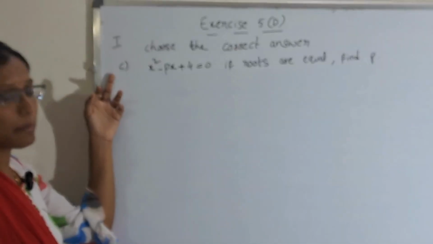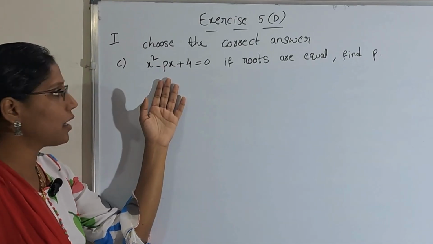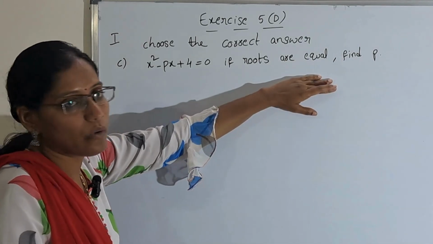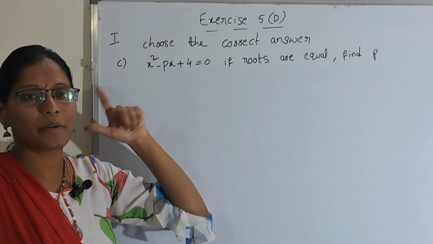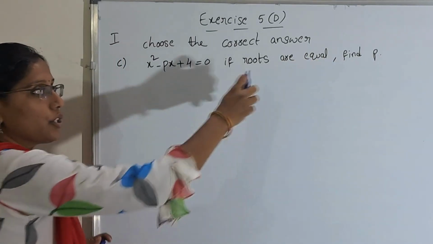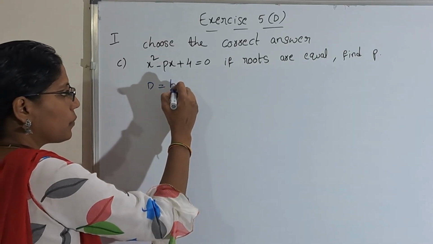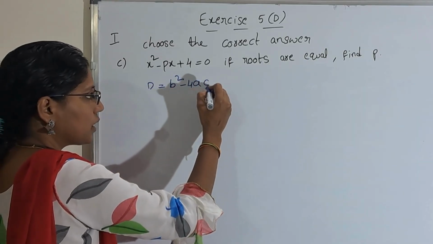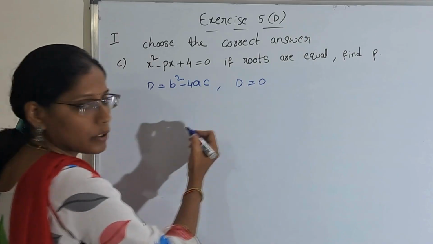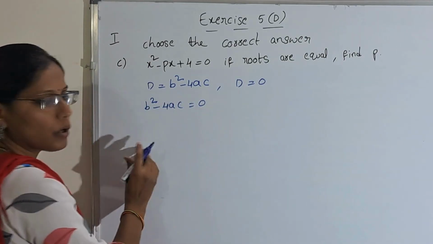Here next C problem. x square minus px plus 4 equal to 0. Equation they have given. If roots are equal, find the p. Equal roots means discriminant is equal to 0. So we have to take discriminant 0 and find the p value. D is equal to b square minus 4ac. Here discriminant d is equal to 0. B square minus 4ac equal to 0 it will come.